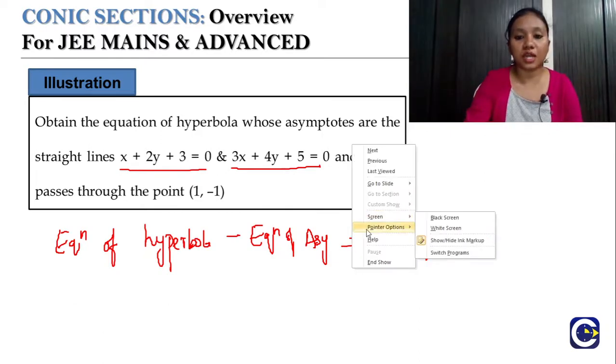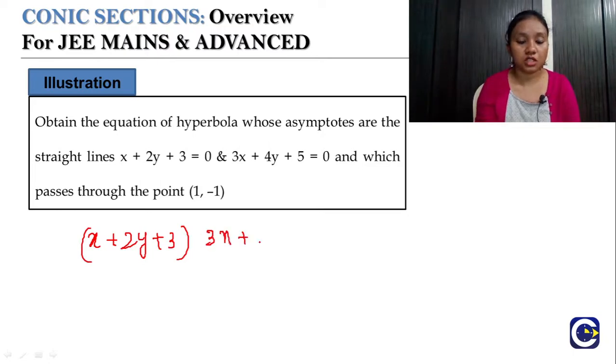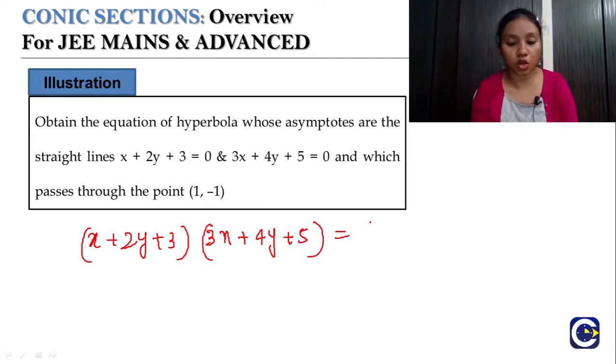So we can apply this relation here in order to find the equation of the hyperbola. So let's take that to be the product of our combined equation, that is x plus 2y plus 3, combined equation of my asymptotes, 3x plus 4y plus 5. So this will be equal to a constant.